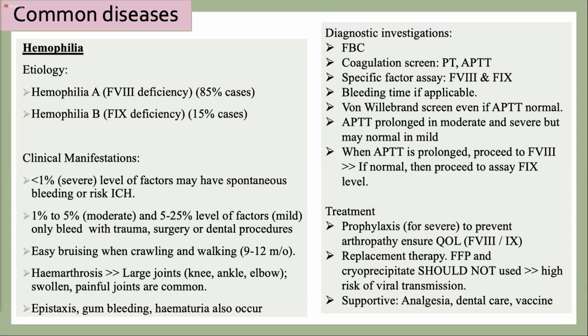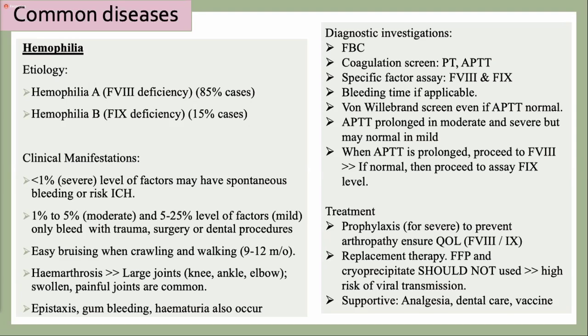If the factor level is 1 to 5%, it is a moderate type of hemophilia, while mild hemophilia is 5 to 25%. Moderate and mild types will only bleed with trauma, surgery or dental procedures. They will not have spontaneous bleeding.